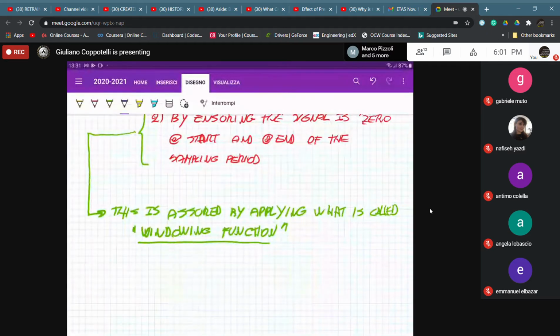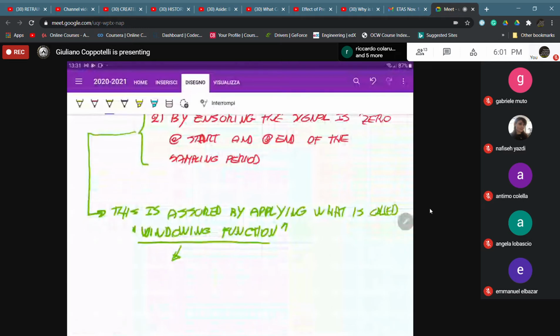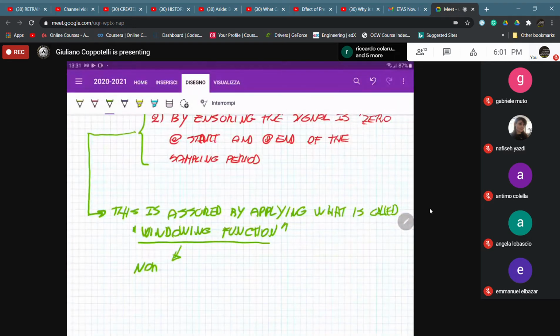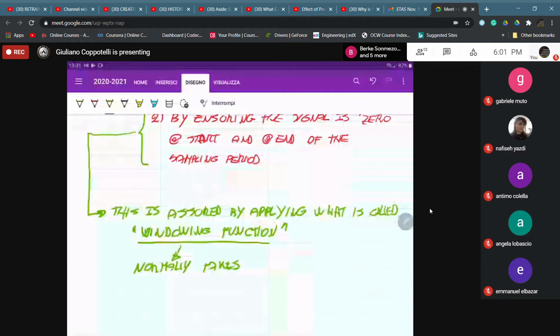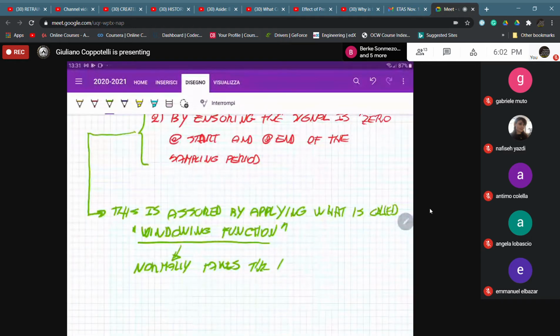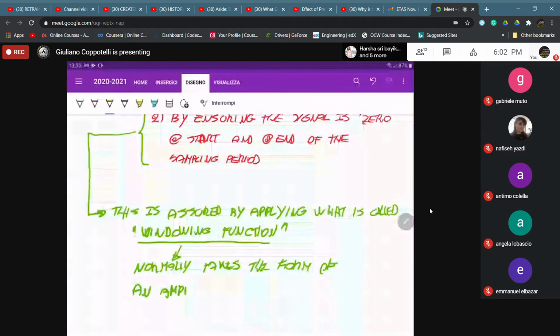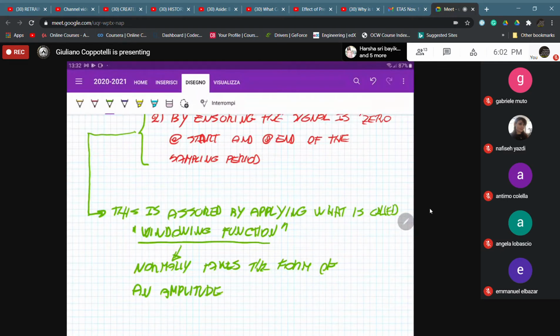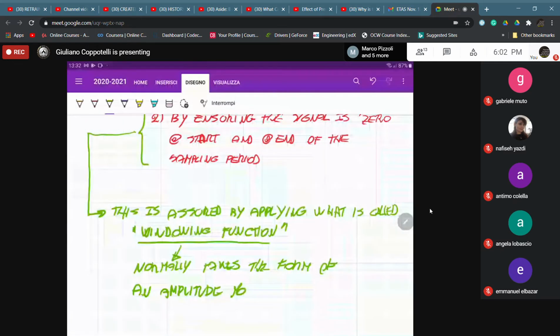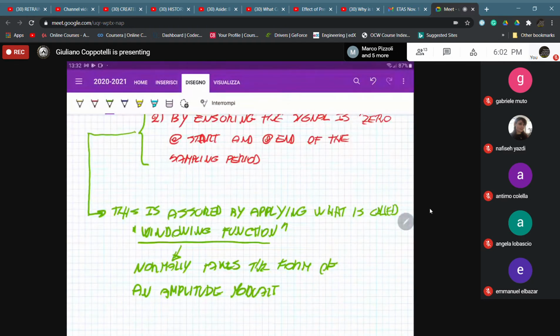Okay, so this window function normally takes the form of an amplitude modulated sine wave.